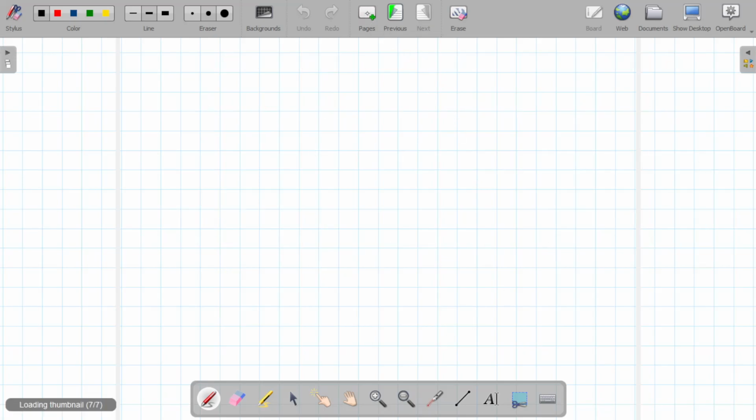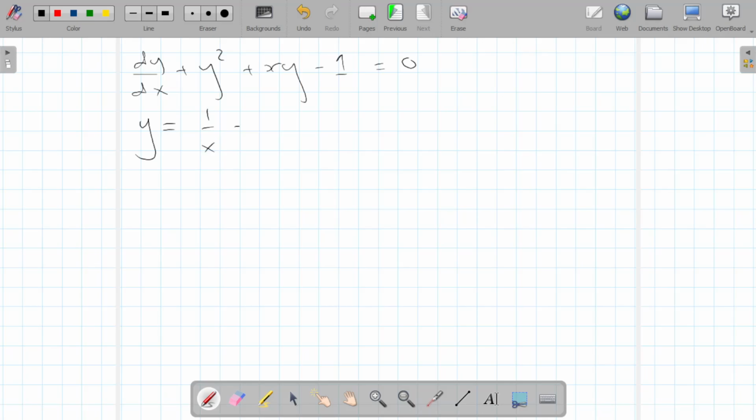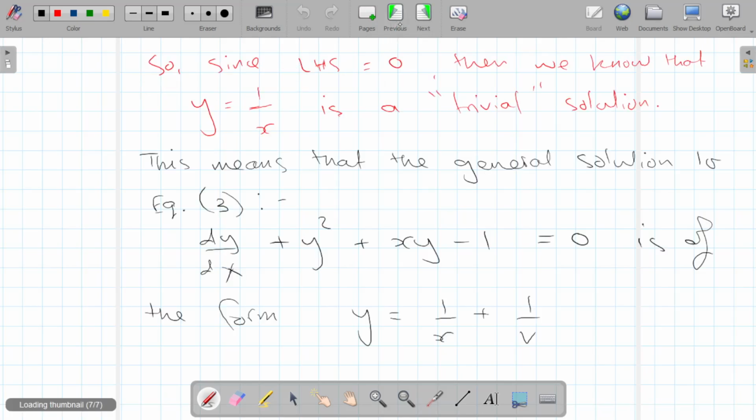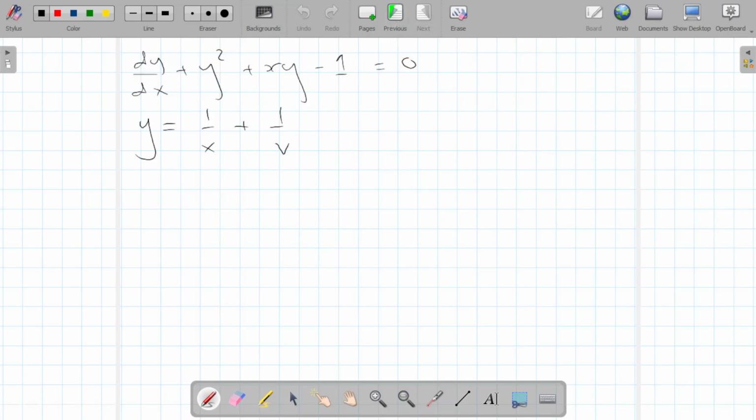Okay, so let's go to another page. dy by dx plus y squared plus xy minus 1 equals 0. And we know that the general solution, y, is equal to 1 over x plus 1 over v. Let me just double check that. Yeah.